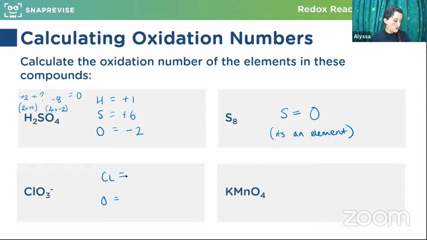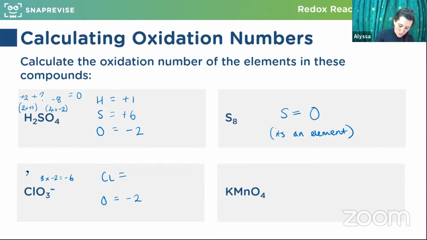So we know that our overall charge is -1 because it's got the little minus sign here. Oxygen is not an exception, exactly right. So we've got a charge of -2 on each oxygen, which means the total charge from the oxygen is 3 lots of -2, which is -6. But the overall charge has got to be -1. Just check your maths. The whole charge has got to be -1.